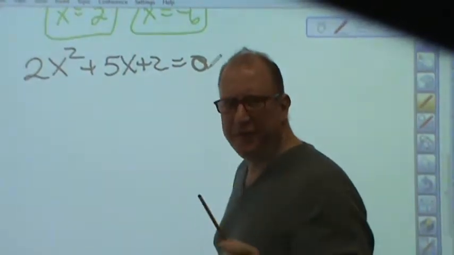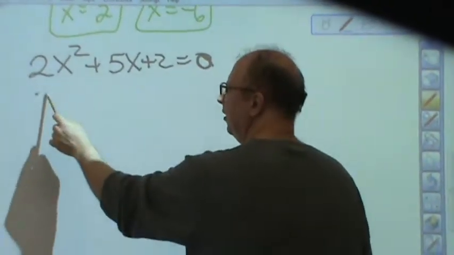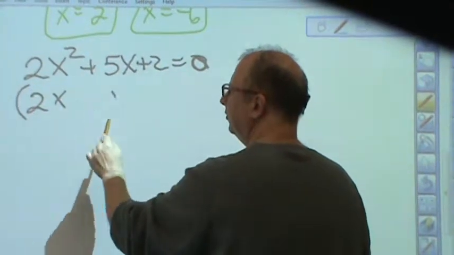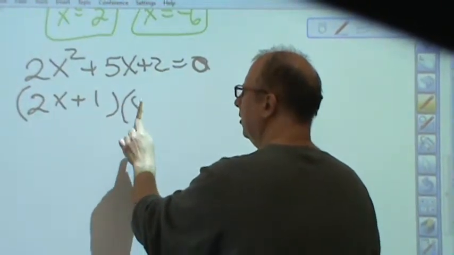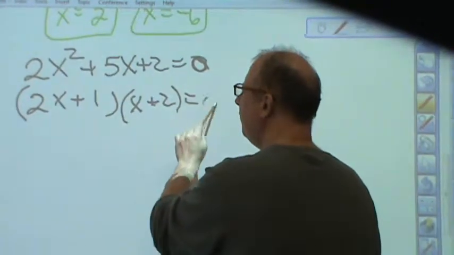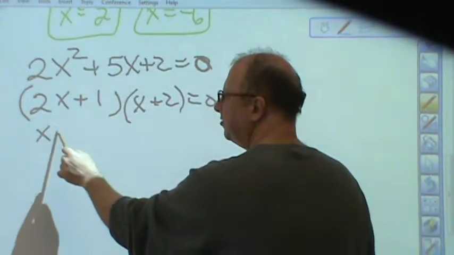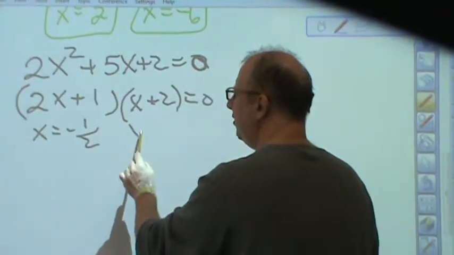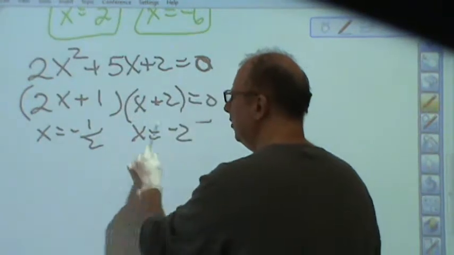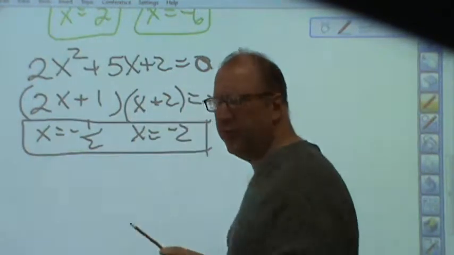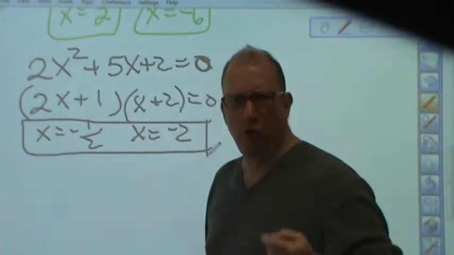Well, the first thing that you know is, if you want, you can factor. And our final answer, just so we know, x is equal to negative 1/2 and x is equal to negative 2. These should be my final two answers after I work it through all the way.